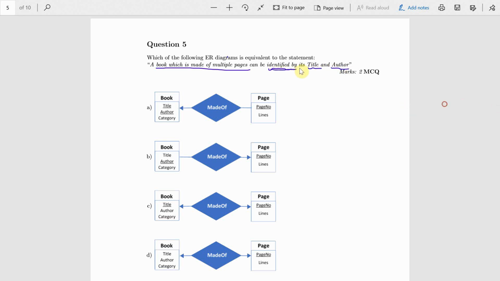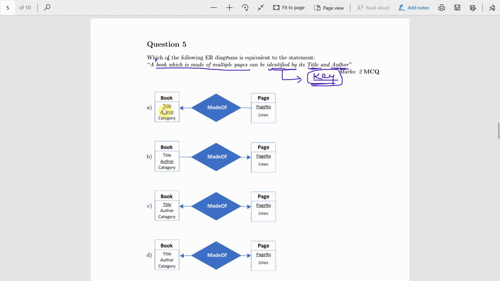So an entity set identified by title and author means that for the entity book, I can say the title and author are called key attributes, because I used the word identified. An entity is identified using key attributes. Key attributes are always represented with underlined attributes. That is the first condition.